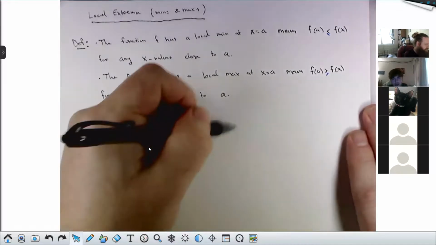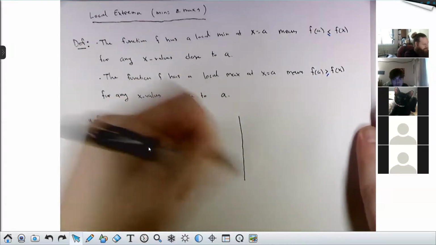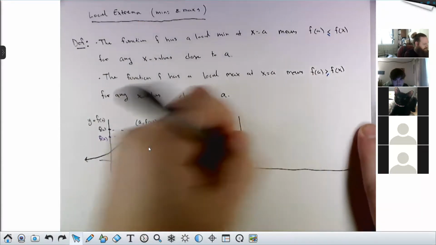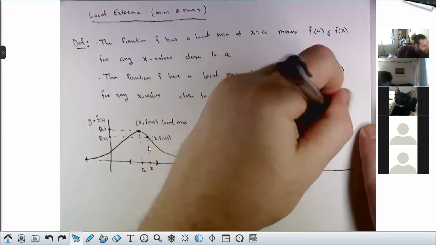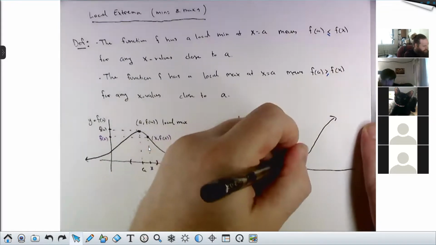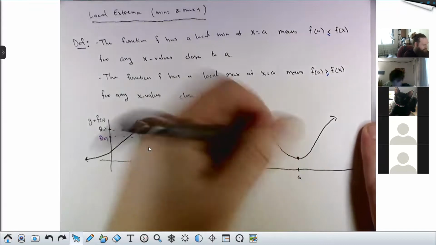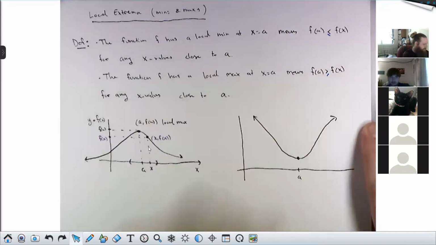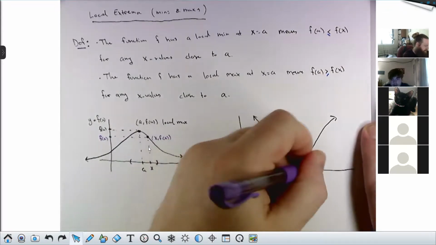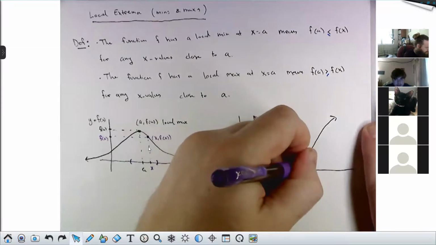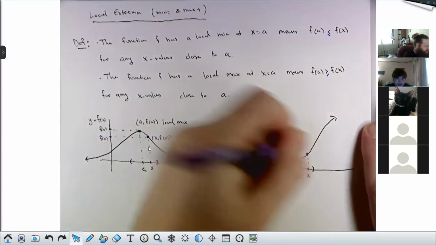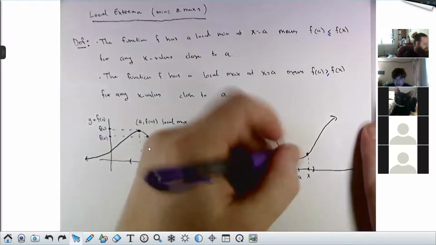And the picture for a local min is very similar. You take a little open interval centered at A, and you take an x value from anywhere in that little interval. You're going to end up with a larger y value than you have right here.